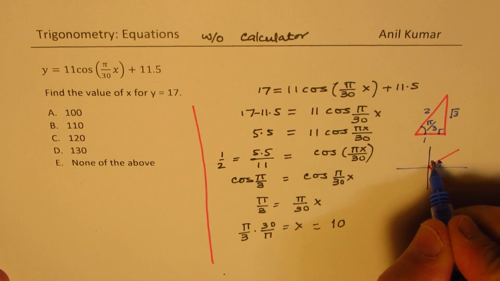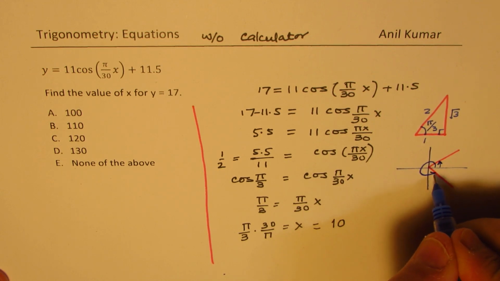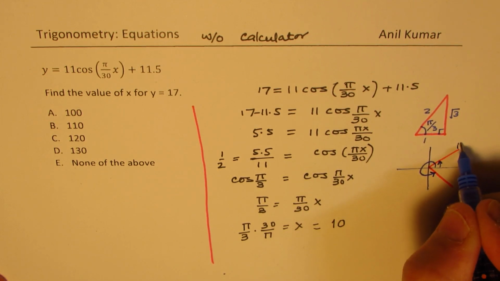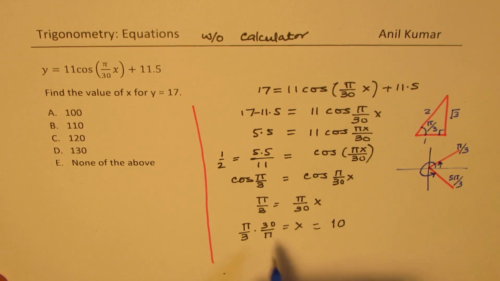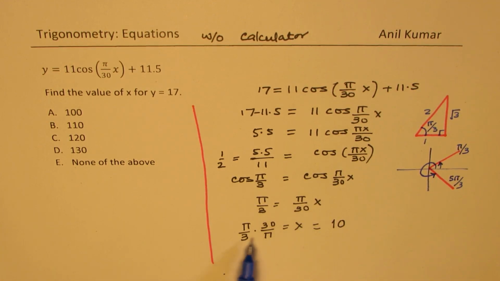The other angle here is this one, correct? So this is pi by 3, and the other one is 5 pi by 3. So we should have also calculated this with 5 pi by 3.